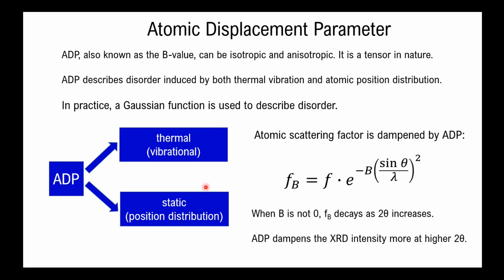Let's say we cool down the sample to a very, very low temperature, so the thermal vibration is negligible. Even in that case, the atoms are not perfectly sitting on their perfect position described by the Wyckoff site position. It's very likely we'll see some atoms at 0.5, some at 0.51, and some at maybe 0.49005 or something.